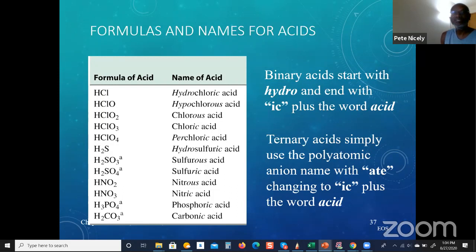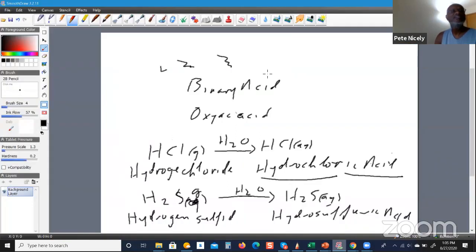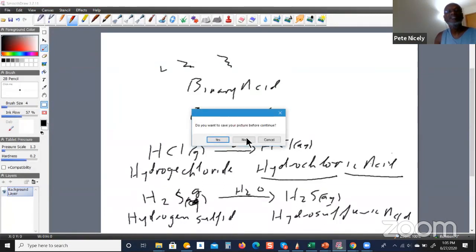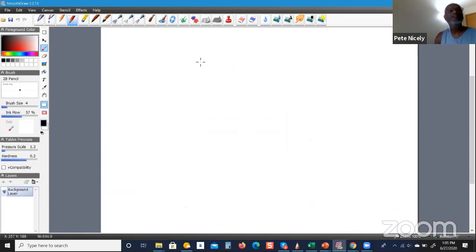Now, when it comes to the oxyacids, it depends on the anion from which it is formed. Let me try to explain what I mean by that. Let me go back to this again, and this time I'm just going to stick to writing with the mouse. Let me start off with NO2 minus. If you look this up in the tables I provided, you'll see that the name of this ion is nitrite ion.